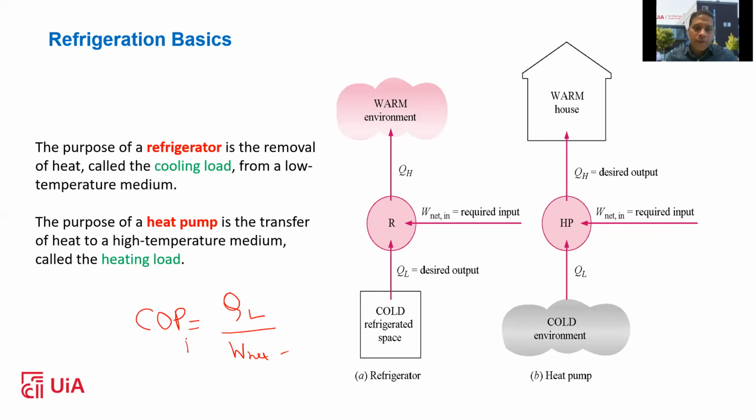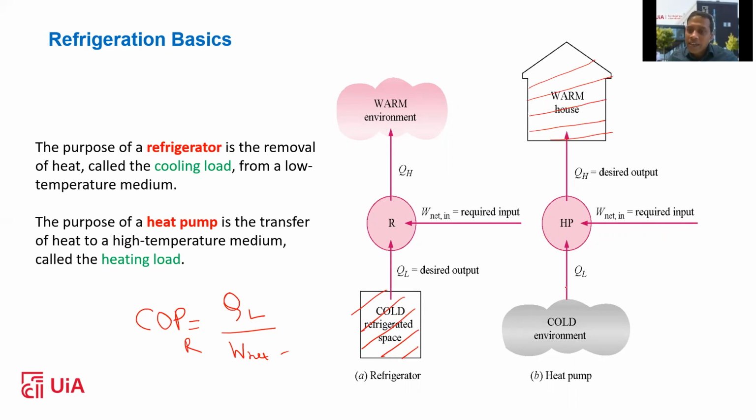This is for the refrigerator, and also for the heat pump, because they work on a similar principle. For the refrigerator, we are using it to cool down this space, but in a heat pump, we are producing heat to warm up this house, for example. So that's the difference.